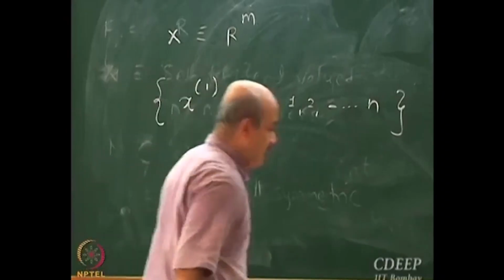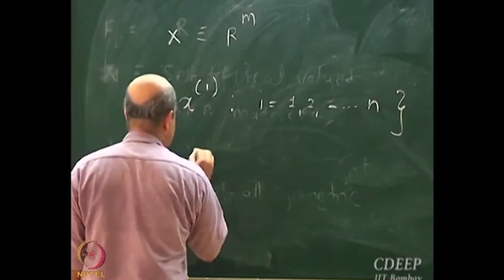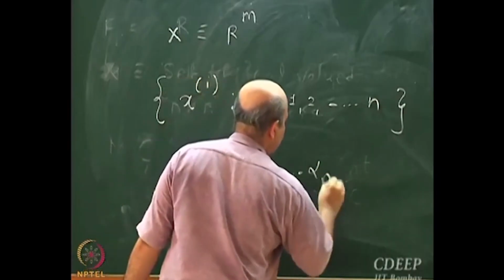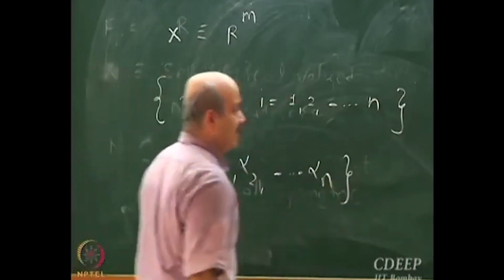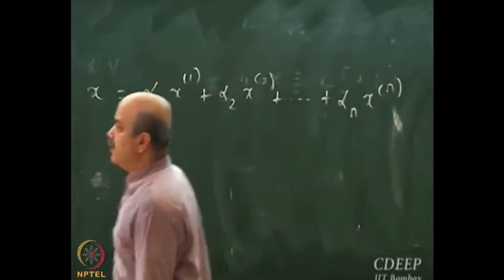Now if I choose any set of scalars, say alpha 1, alpha 2, up to alpha n, then a vector defined by alpha 1 x^(1) plus alpha 2 x^(2) and so on up to alpha n x^(n) is called a linear combination of this set of vectors.